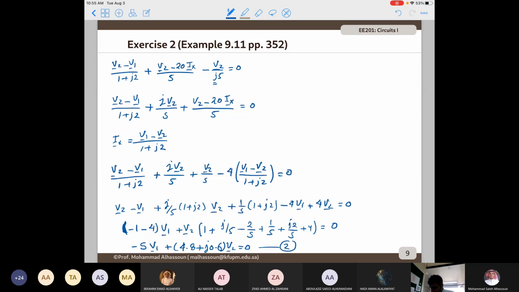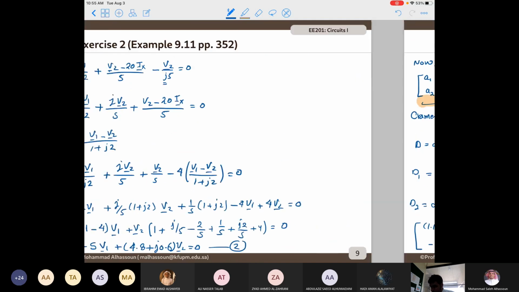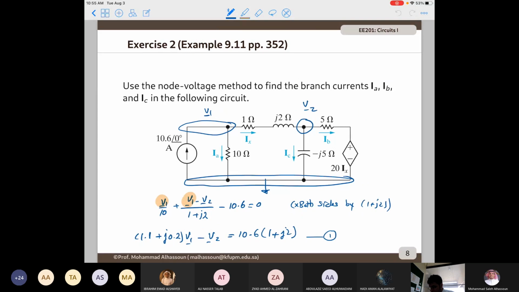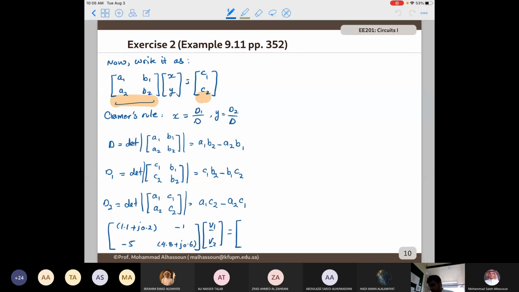Equation 2 is minus 5, 4.8 plus j6. The solution for the second one is 0. For the first one is 10.6 plus 10.6 multiplied by j2.